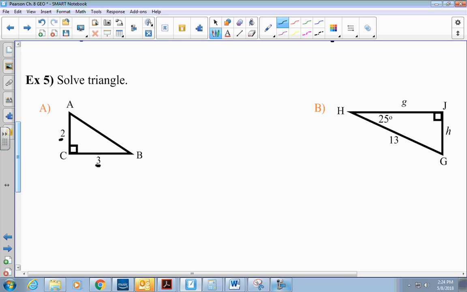Brianna, which operation from this chapter can I use to find my hypotenuse? Even before that, before we even picked up trigonometry. What do you think, Rudy? Pythagorean theorem. So it's a squared plus b squared equals c squared.